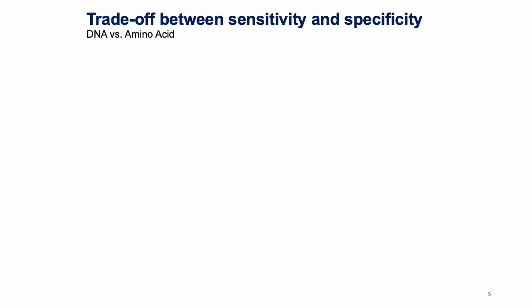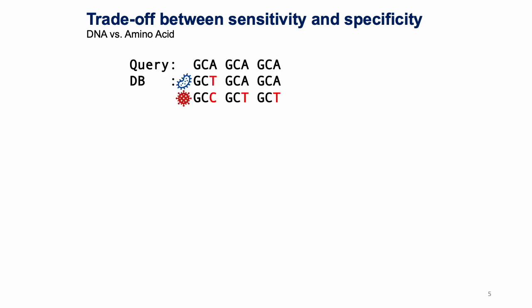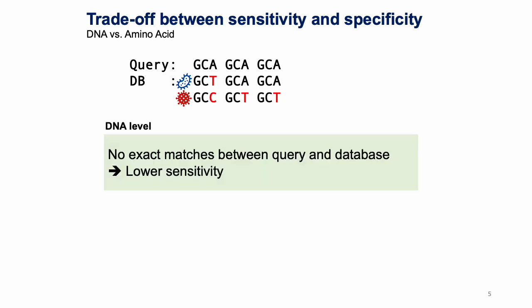However, there is a trade-off between sensitivity and specificity when using only one of the two kinds of sequences. Here is a simple example. The query sequence is GCA, GCA, GCA, and two sequences in the database have some point mutations. If we compare the query with the reference sequences, no exact matches can be found, and it leads to lower sensitivity.